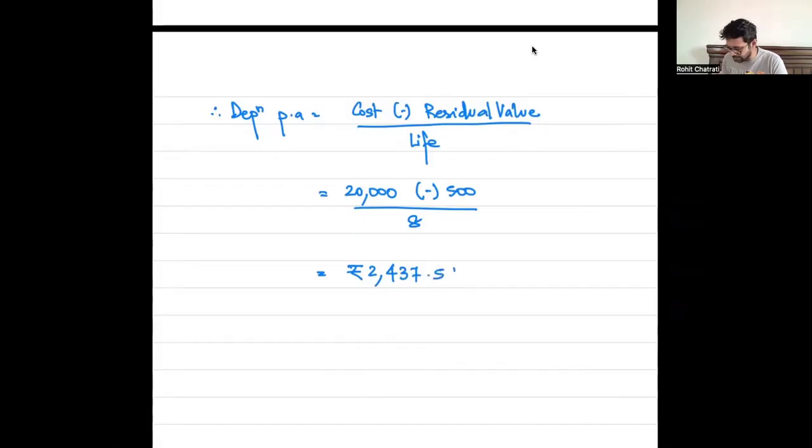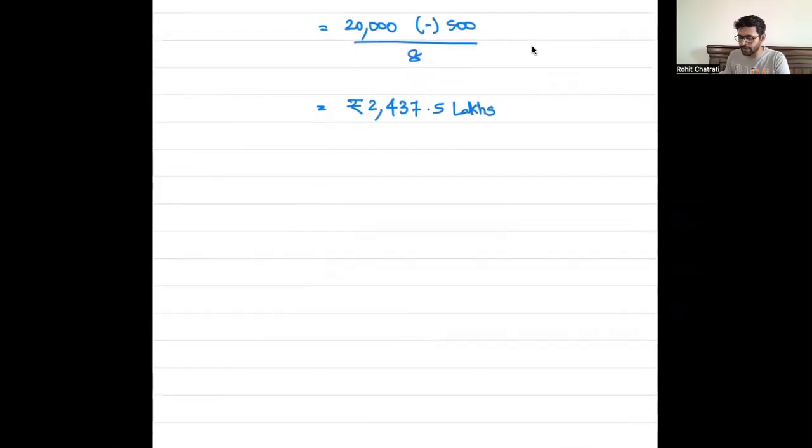All right, so the depreciation per annum that we originally calculated is 2,437.5.